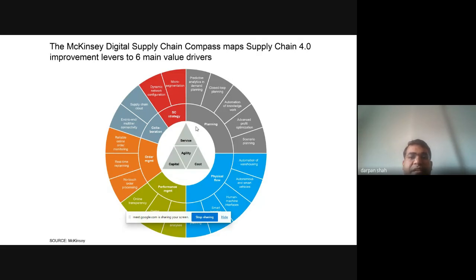So if we focus on these areas and enable our organization to be agile, then a company can move very well towards the supply chain 4.0 concept in the future.